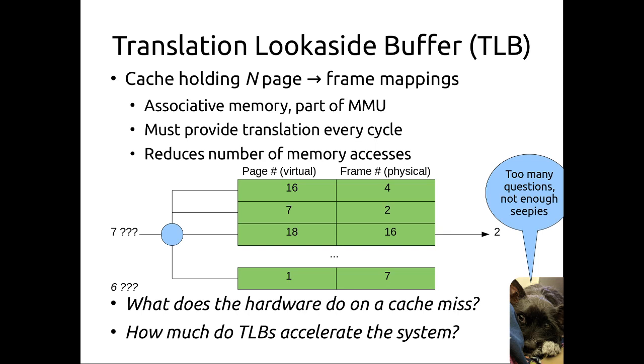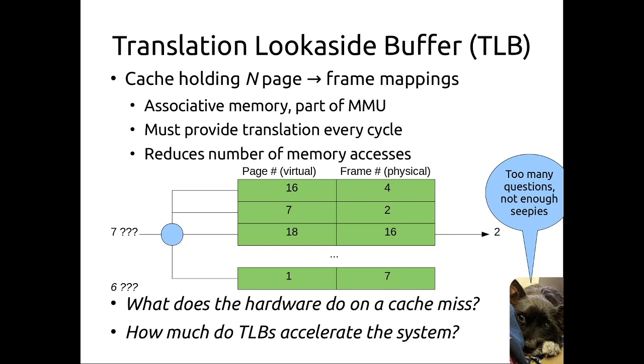Double the memory accesses for every load and store is not feasible, so we go to our ECE friends and we say, hey, what can you give us, right? Give us some sweet hardware that we can use to resolve this problem. And they say, okay, I got your back. I can give you this thing called a translation lookaside buffer, a TLB. A TLB is simply a cache.